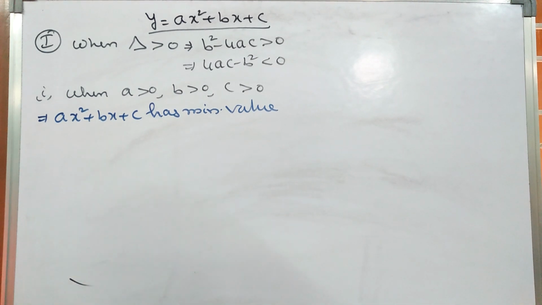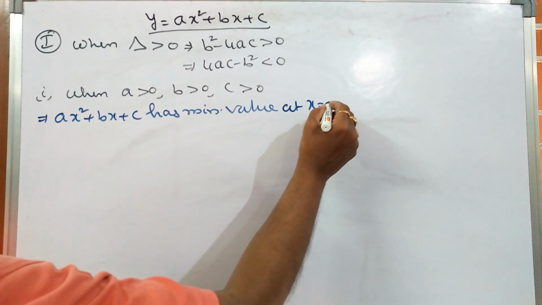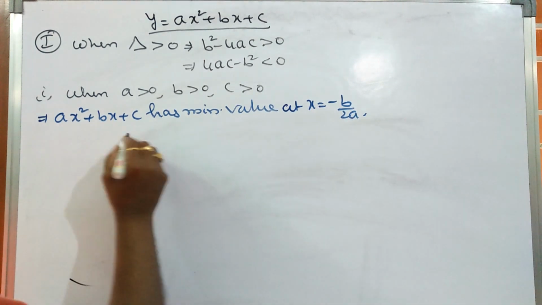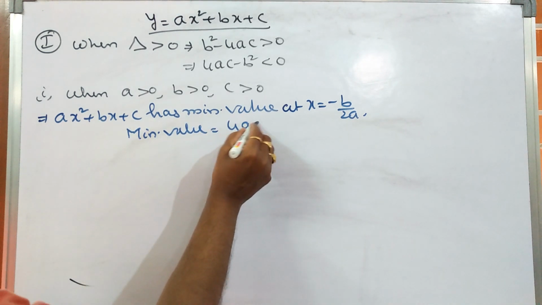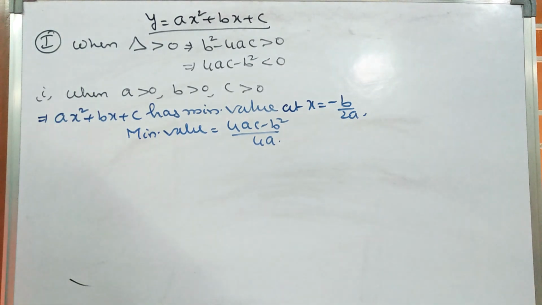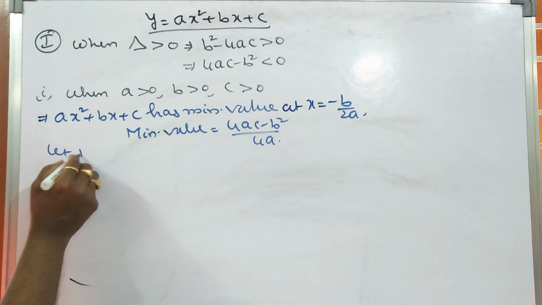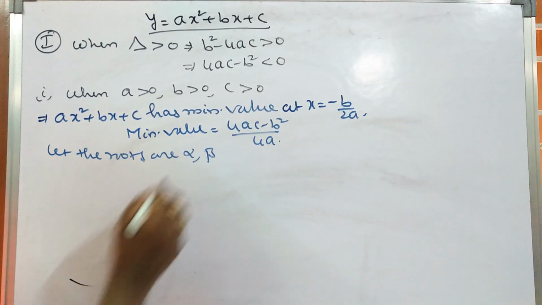And what is the minimum value we know? Minimum value at x is equal to minus b by 2a, and minimum value is equal to 4ac minus b square by 4a. Now let the roots be alpha comma beta.